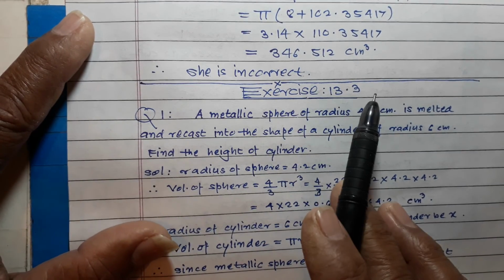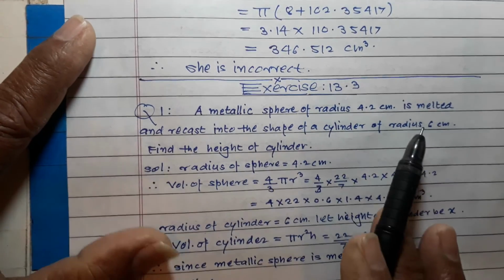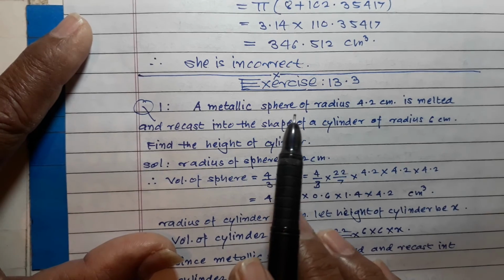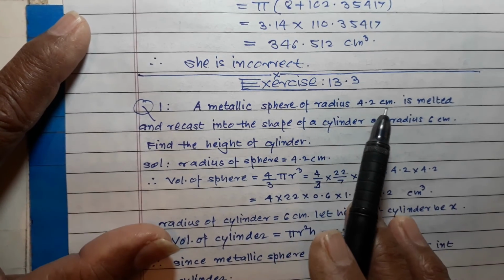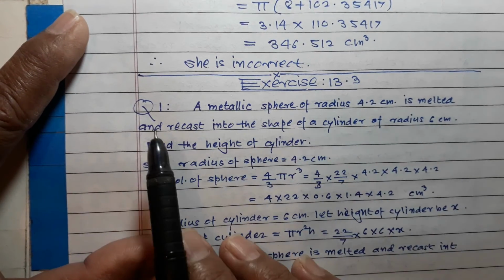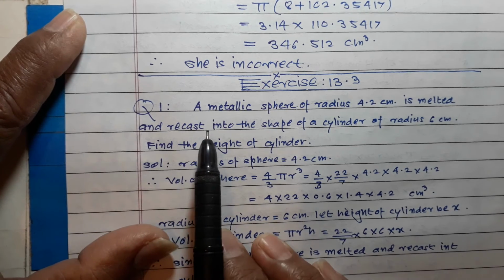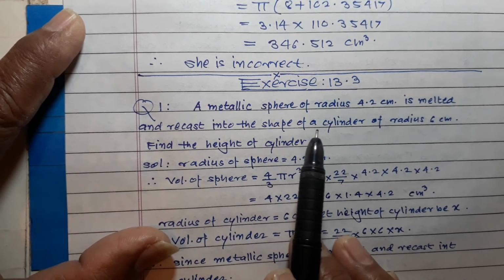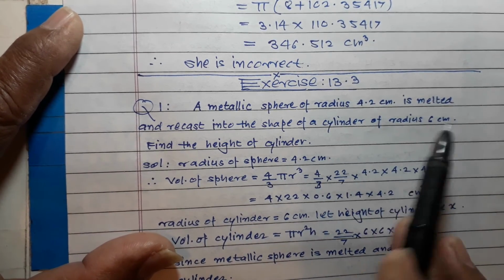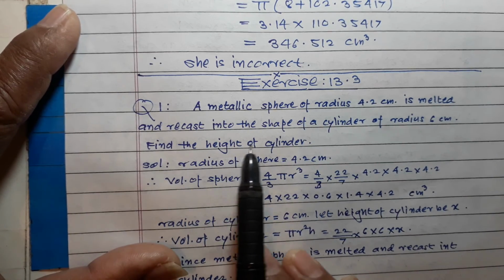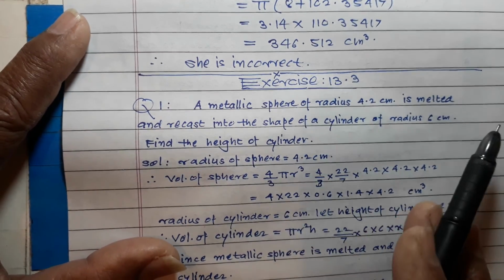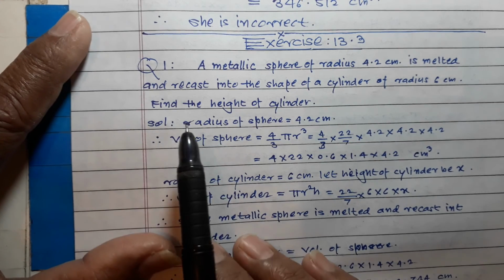Exercise 13.3, question number 1. A metallic sphere of radius 4.2 centimeter is melted and recast into the shape of cylinder of radius 6 centimeter. Find the height of cylinder. Okay. Solution.